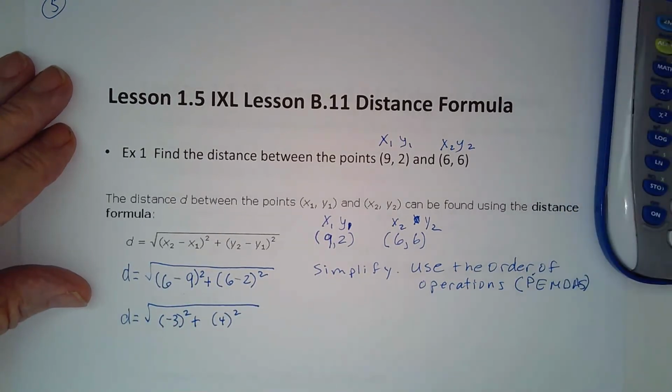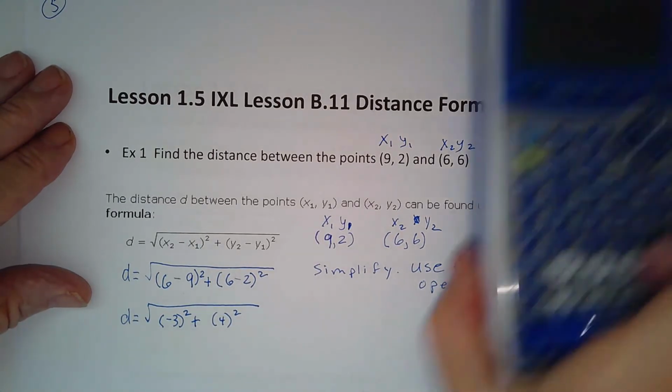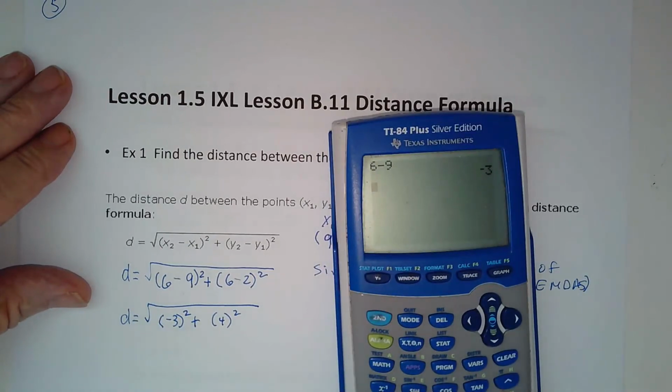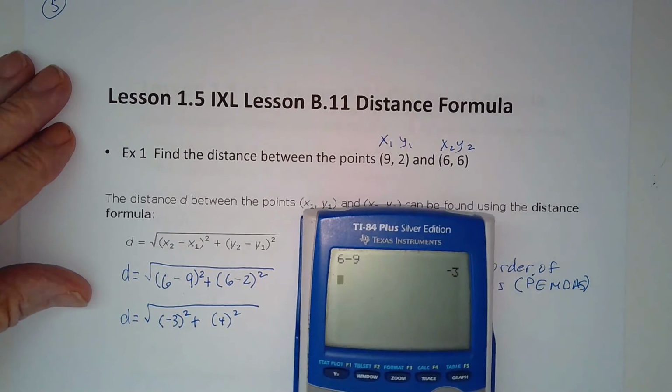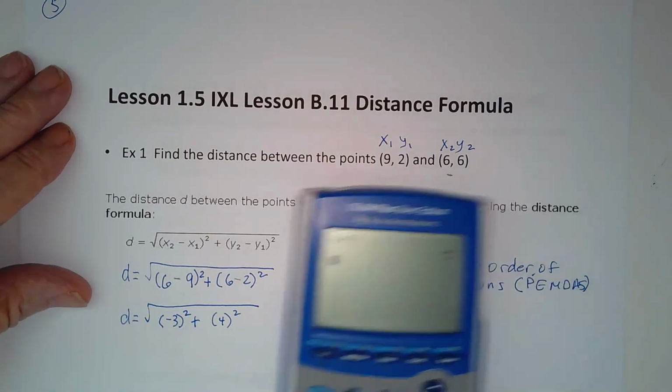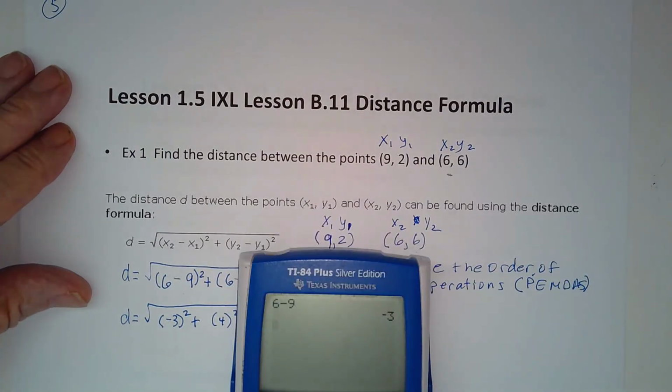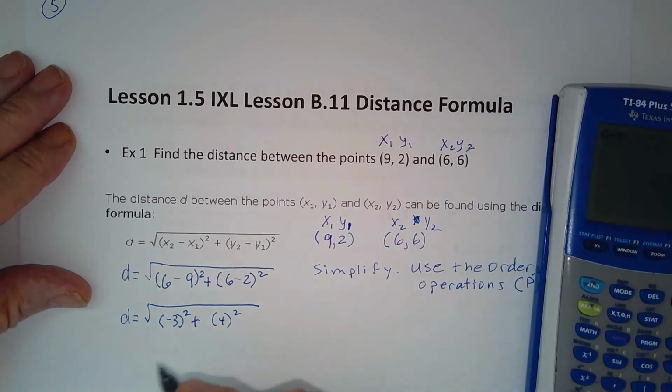So go back to PEMDAS and start again. Parentheses we don't need, but exponents. Well, we have exponents here. So negative 3 squared is negative 3 times negative 3, and negative times negative is positive. So it's going to be positive 9. You're welcome to use the calculator, but sometimes it screws up when we're dealing with negative times negative.